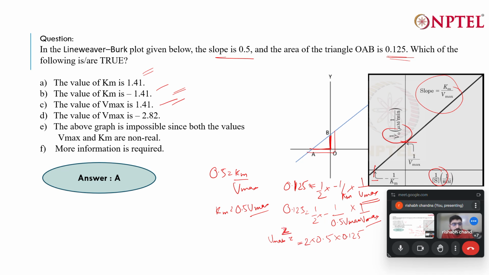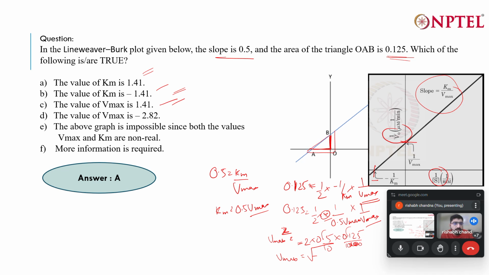So Vmax, that is the square root of a negative number, so that means that it is a... okay, sorry, here we will not put the minus sign, because the area is always a positive one, right?